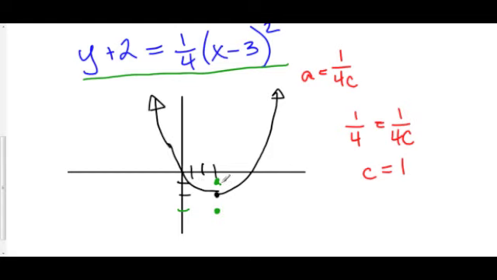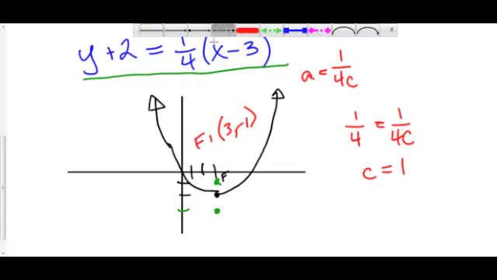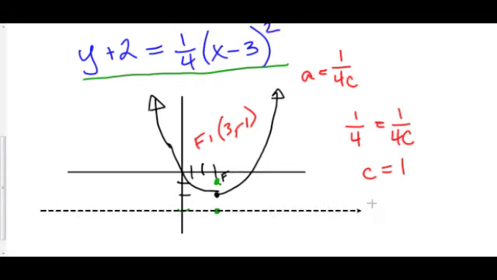Here's our parabola, and there's the focus F right here. Now, our focus is at 3, -1. And my directrix is this line right here, and this is the line y equals -3. So here's my directrix, and here's my focus.